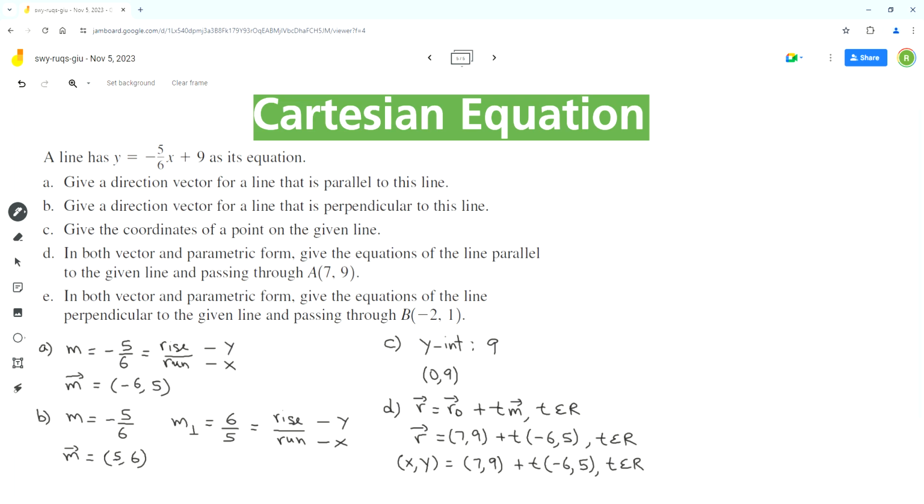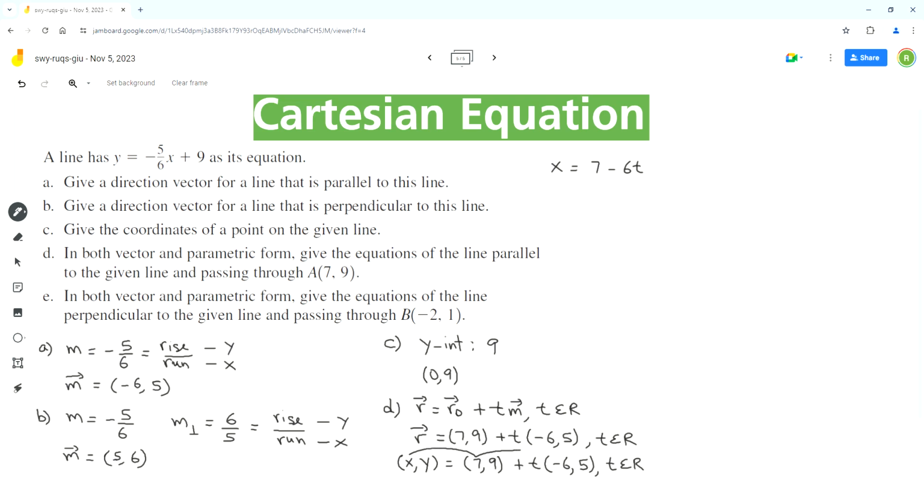So let's start with the x equation. We'll use the x components of the two vectors on the right side, and for the direction vector we'll multiply the components by t. So the x equation will be 7 minus 6t.